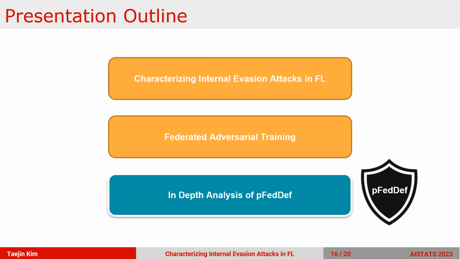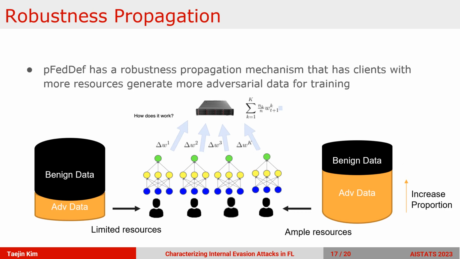For the last part of the presentation, I want to perform a deeper analysis of P-Fed-Def. The procedure of adversarial training may become a very expensive procedure for specific clients, as the generation of adversarial data points to train over can be very resource intensive.